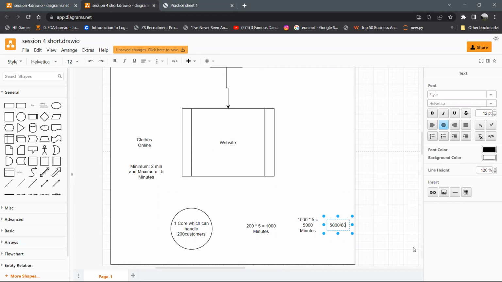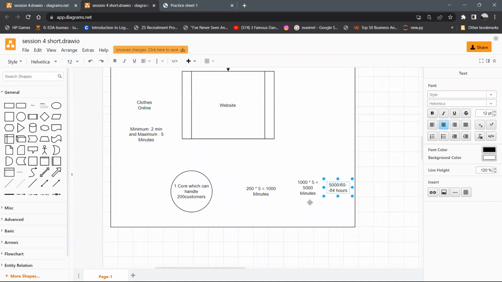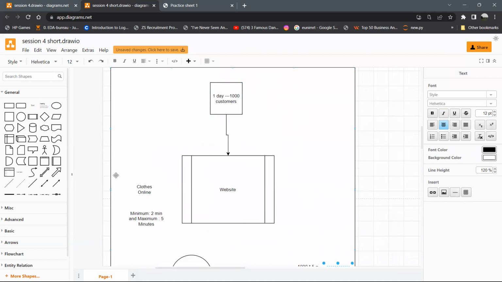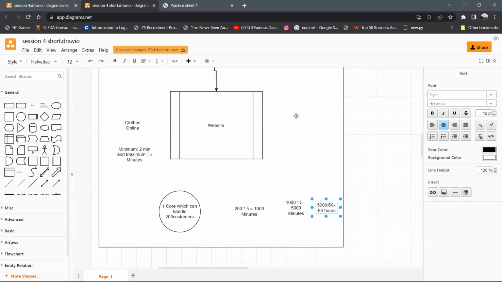So let's just take it to be 80 hours, or we can like calculate it, which will be somewhere near 84 hours. Okay, now if there is only one day and it is taking 84 hours for these many customers to be buying the clothes, so it's not a proper way for the website to work.